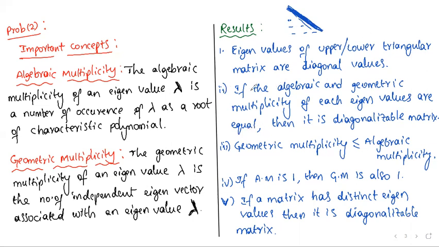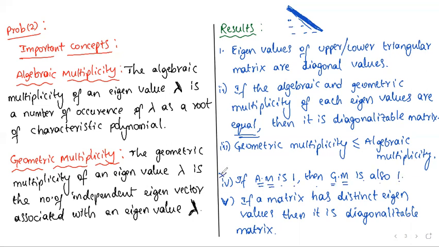And the second point, if the algebraic and geometric multiplicities of each eigenvalue are equal, then it is a diagonalizable matrix. And the third point, geometric multiplicity is always less than or equal to algebraic multiplicity. And the next point, if algebraic multiplicity is 1, then geometric multiplicity is also 1.